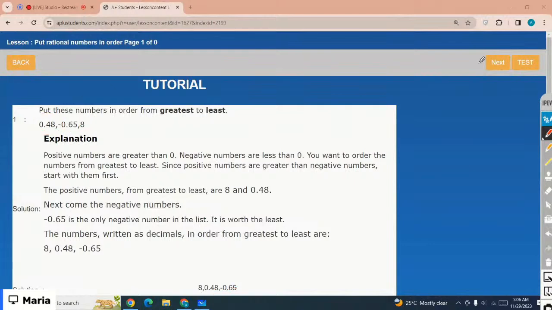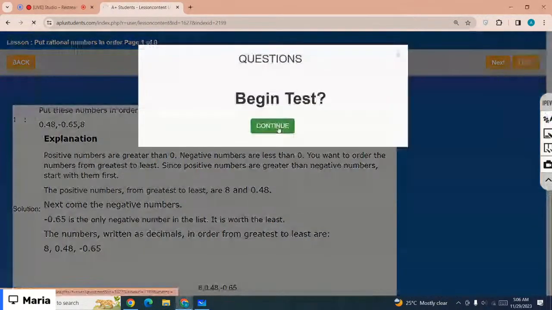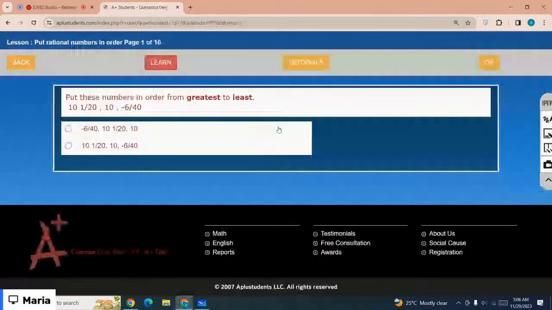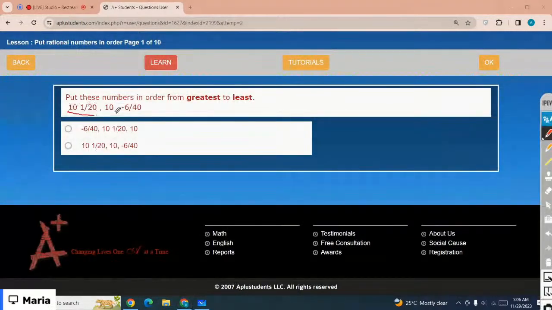Let's just start with the test questions. Okay, put these numbers in order from greatest to least. So you have 10 whole 1 over 20, 10 and negative 6 over 40. The negative number is the least one, right?